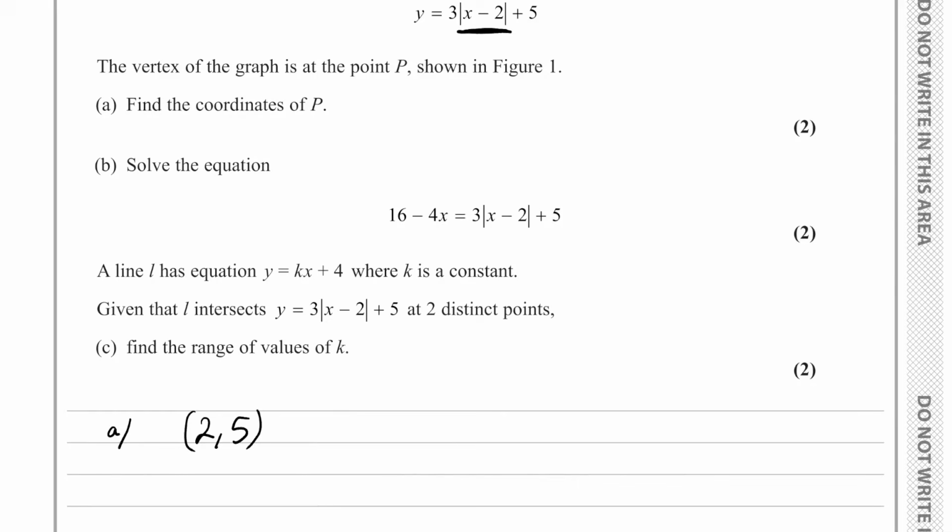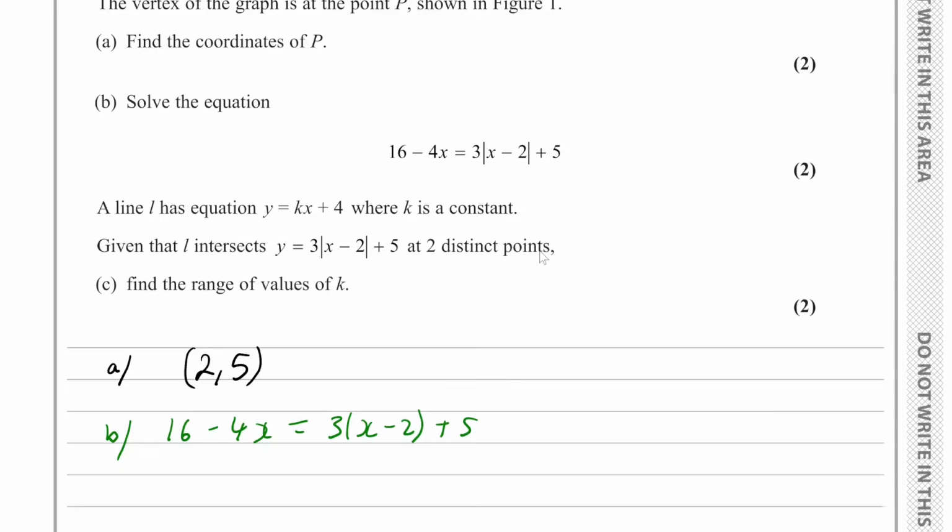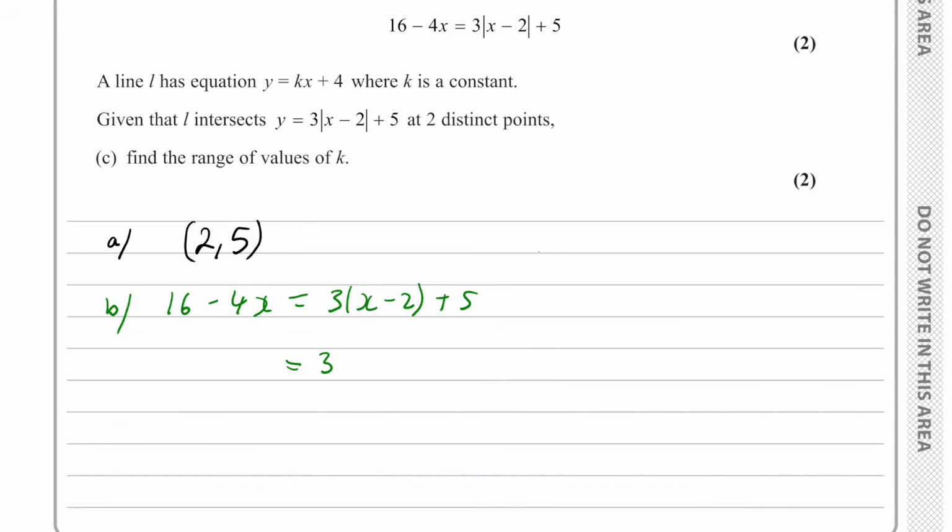So I'm going to make 16 minus 4x equal to the first line. 16 minus 4x equals 3 times (x minus 2) plus 5. So expand the bracket. Get the x's on the same side. So plus 4x to both sides. And then we've got negative 1 on the right. So plus 1 to both sides.